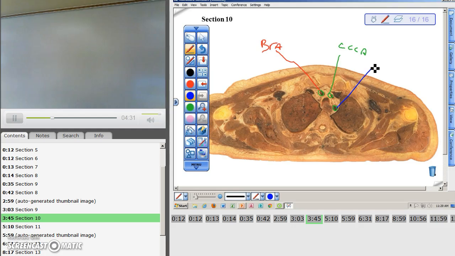And then we have the left subclavian. This one doesn't have a right and a left. So make sure you don't put right brachiocephalic, because then you're inferring that there's a left and you'll get it marked wrong. And then we have a right-left brachiocephalic vein. We will use blue for that one here, right here, and right there. Right-left brachiocephalic veins.